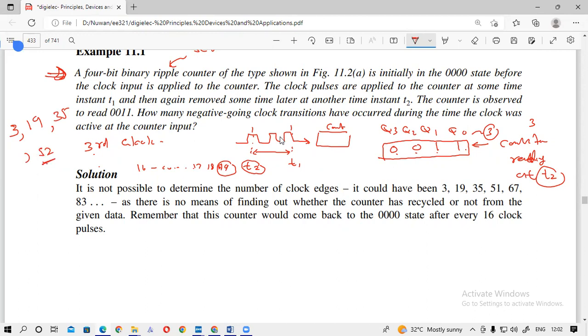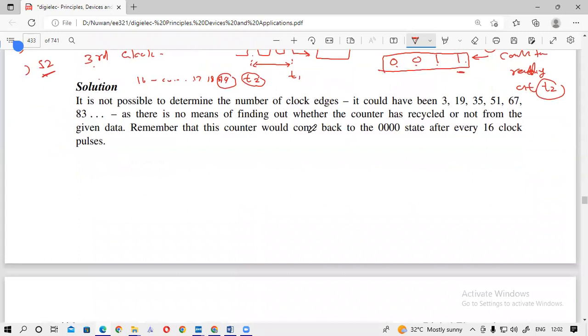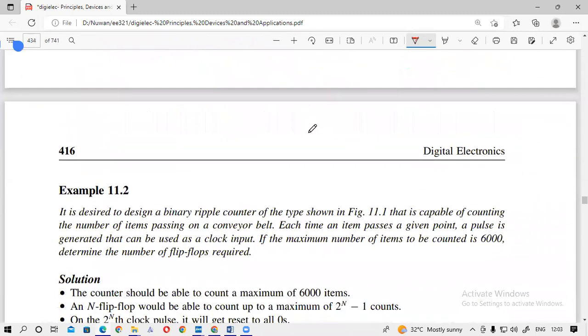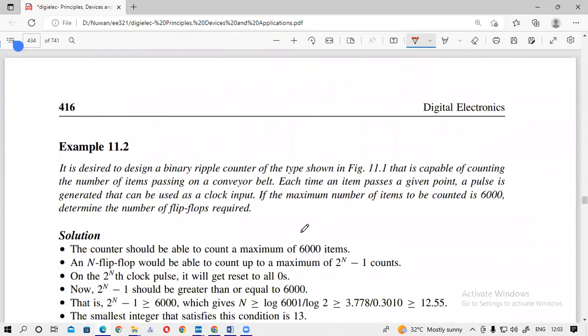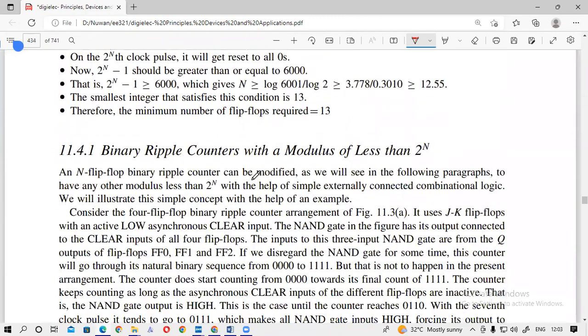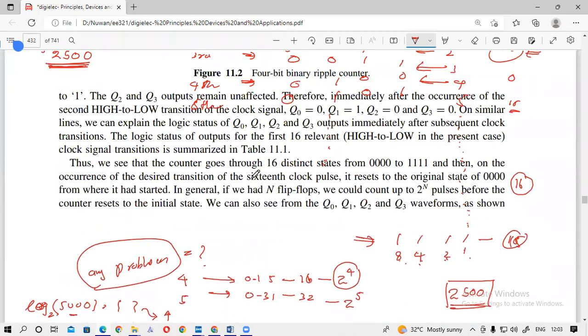First it happens at the third clock cycle, then after every 16 it can be repeated. That is very simple. I think you can understand what is there, and try to do that one also.